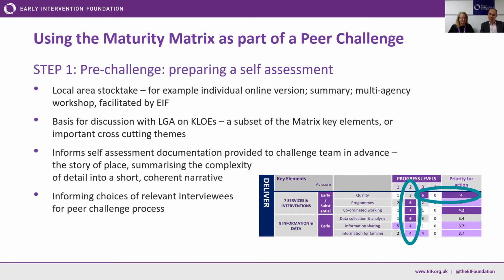Most of the time people recognize the story which is based on the individual responses and are quite happy with sharing it, but it's not the same as the self-assessment document which they send in. That's their own version summarizing their discussions and what came out of that. So there are two separate documents. You will definitely see the self-assessment document, but areas may also share their summary of the individual responses as well.